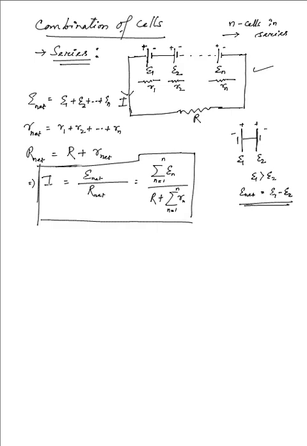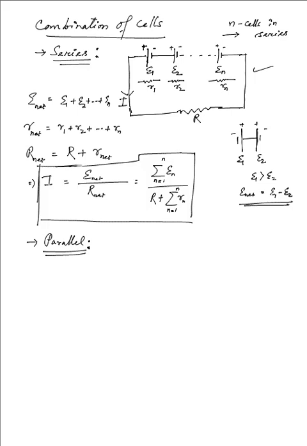Now we'll be considering the combination of cells taken in parallel. First of all, we'll be using a condition over here because we will discuss another parallel combination of cells later, after we have studied Kirchhoff's law.